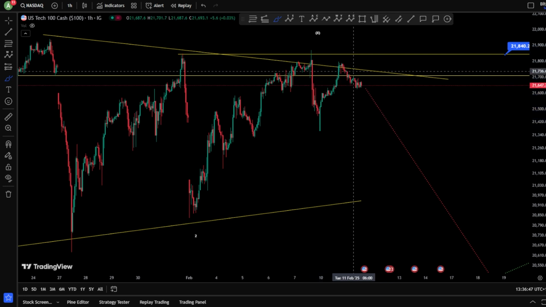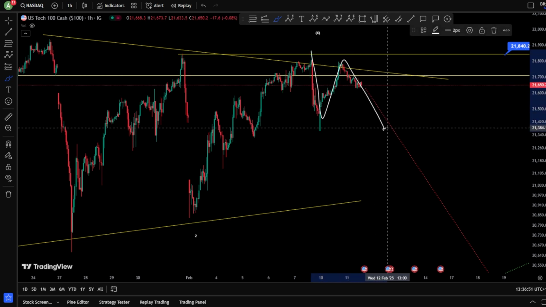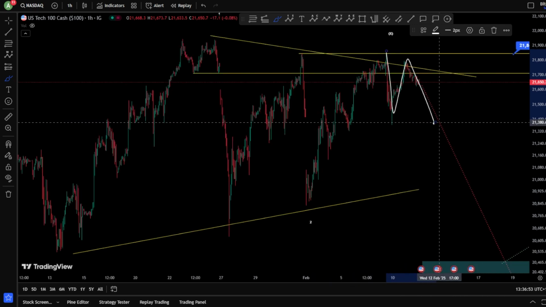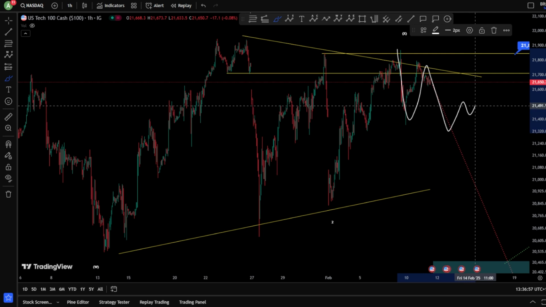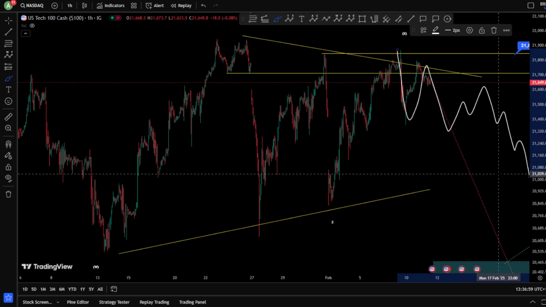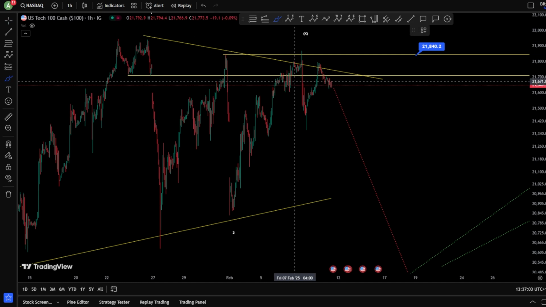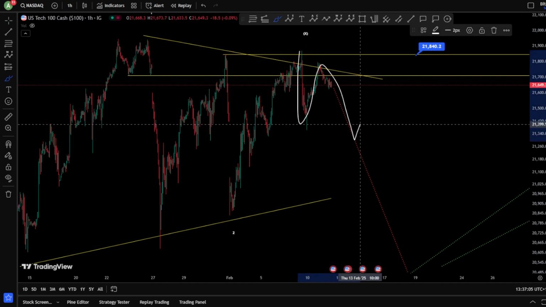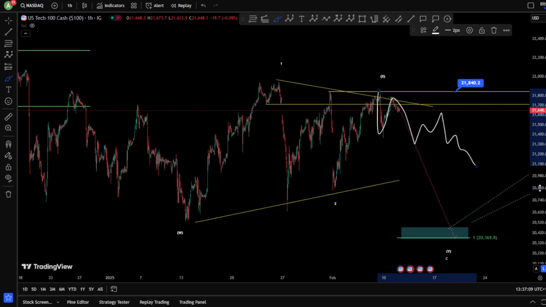So probably the next target can be this wave here. 3 waves down, and in case we have 3 waves down, 3 waves up, 5 waves down, probably this can end a flat, and then a flat with 3 waves, 3 waves, 5 waves. Very long range.